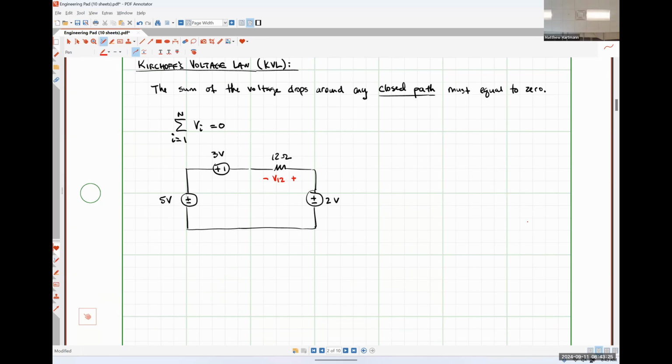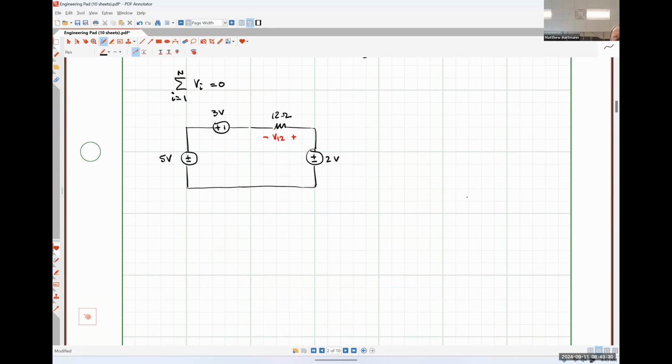If I were to apply KVL around this circuit, and I'm going to call this KVL around the outside, and you'll see why in a moment, because we're going to do something with the inside, this would look to me like negative 5 volts. And I put a negative sign there because we see the negative polarity terminal of that 5 volt source first.